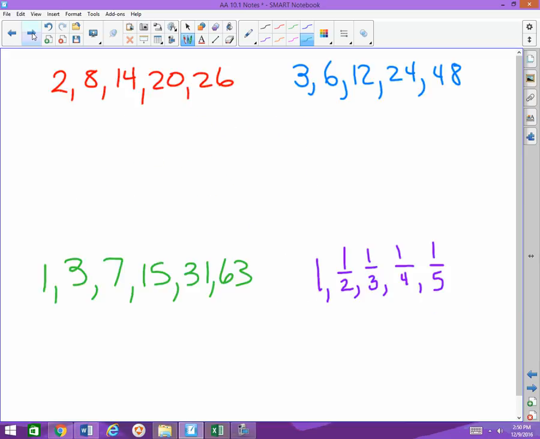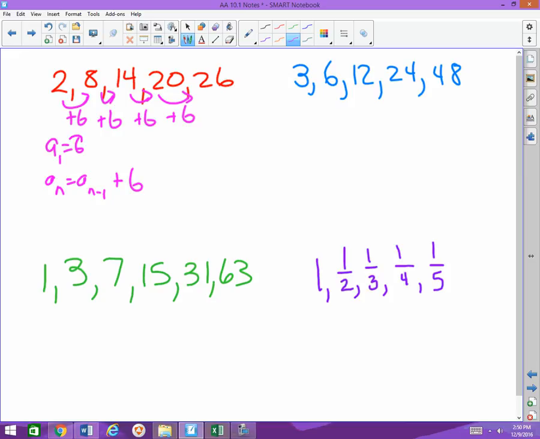So here are some sequences. In this first one, you're adding 6 each time. Now back in chapter 1 we did the recursive rule and said a sub 1 is 2 and a sub n equals a sub n minus 1 plus 6.